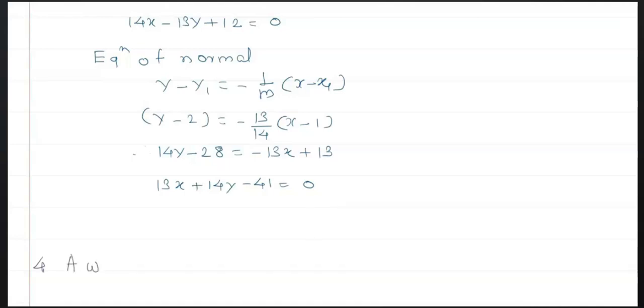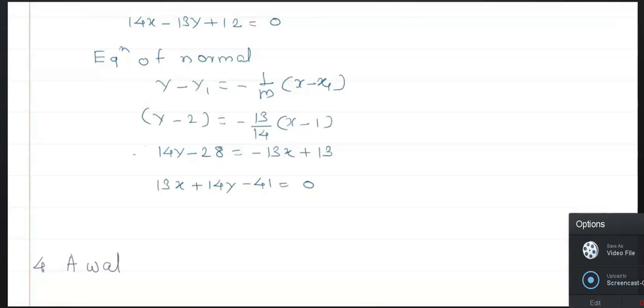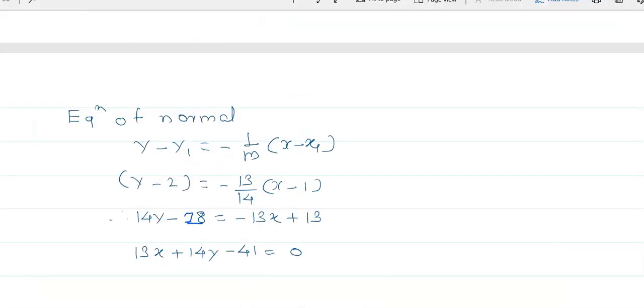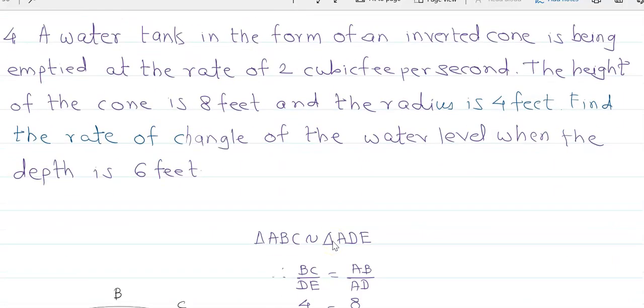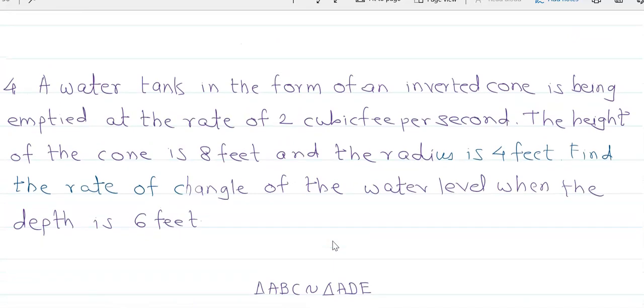Now the question number 4. A water tank in the form of an inverted cone is being emptied at the rate of 2 cubic feet per second.